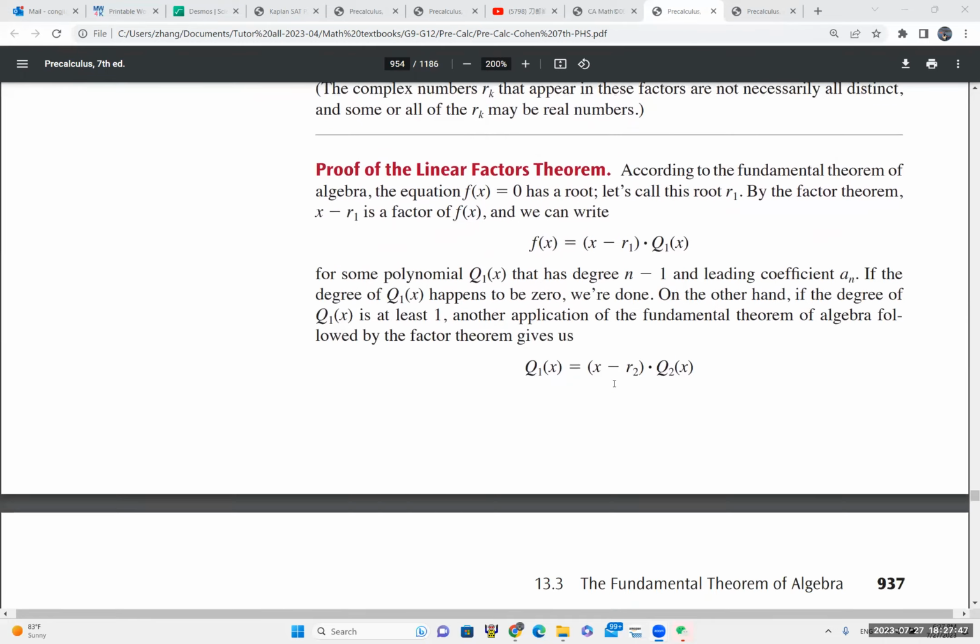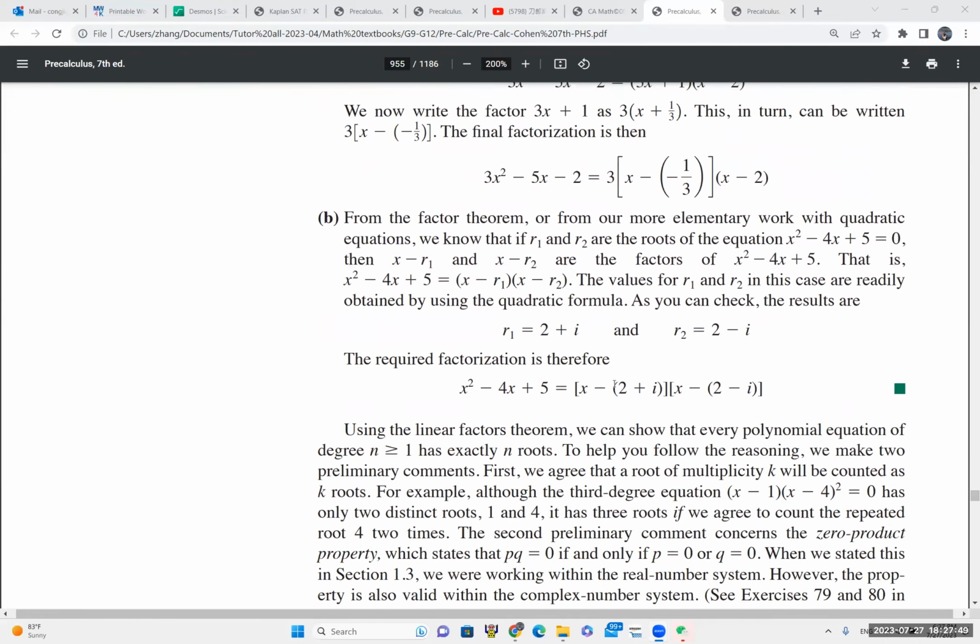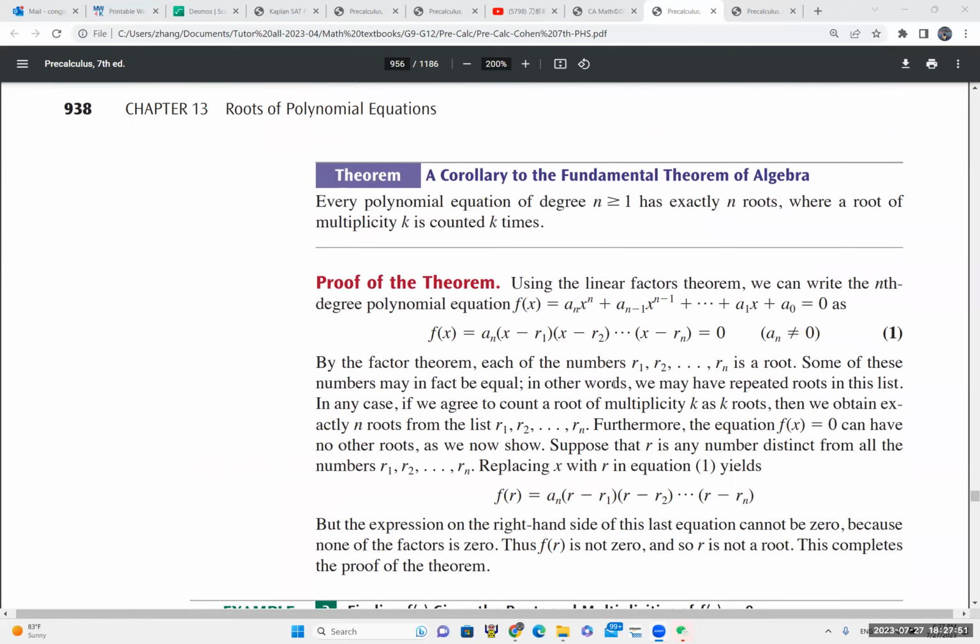We'll not go through the proof. Then keep going. A corollary to the fundamental theorem: every polynomial equation of degree n greater than or equal to 1 has exactly n roots, where a root of multiplicity k is counted k times.